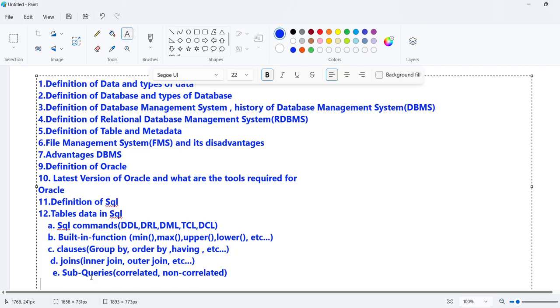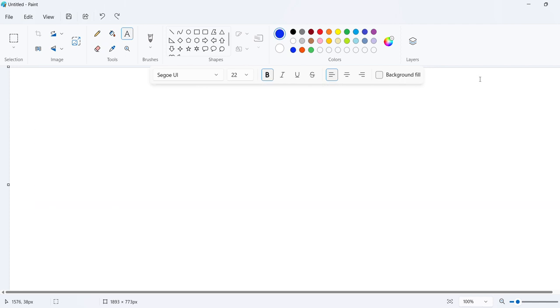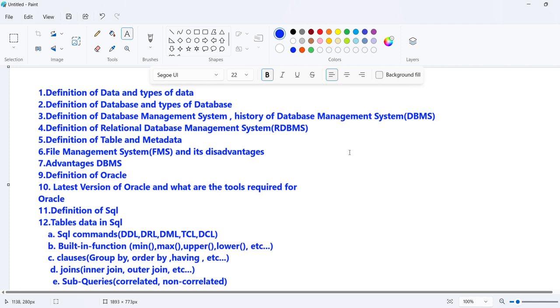And we will discuss more important concepts, that are set operations in SQL.